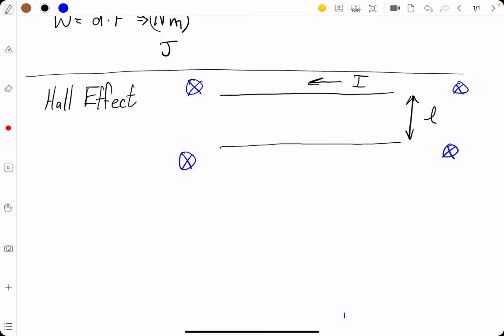The electrons are moving from right to left.